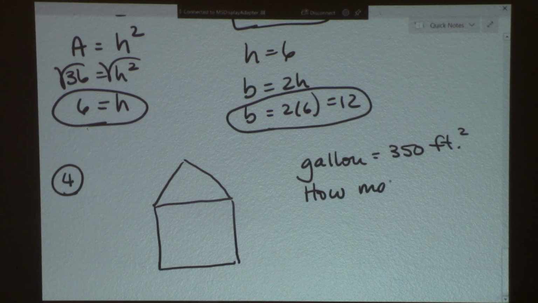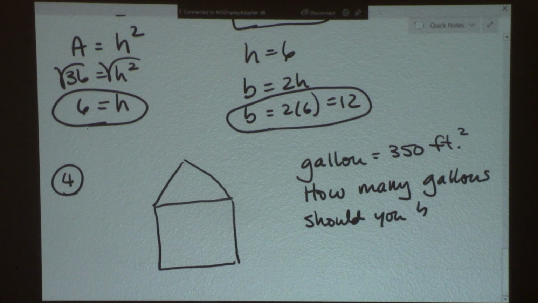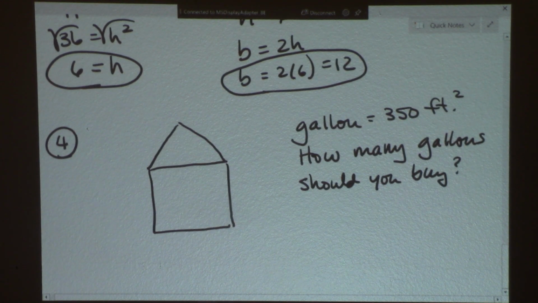How many gallons should you buy? Okay, there we go. Now in the picture, these are perpendicular. I hope so. That barn is going to fall down pretty fast. Okay. Here's what makes a little 3D there for you.